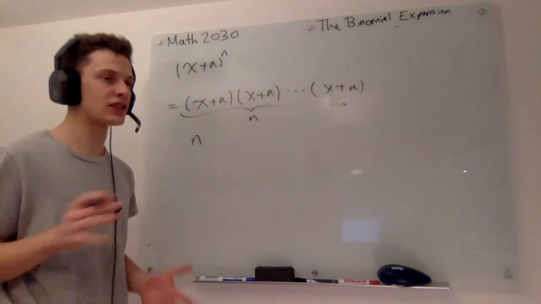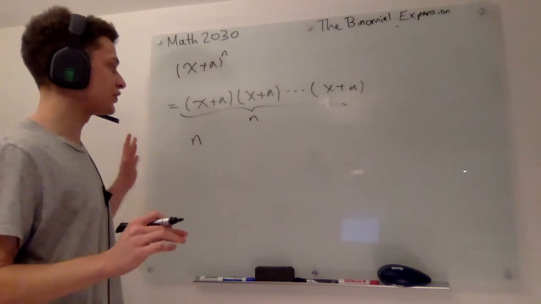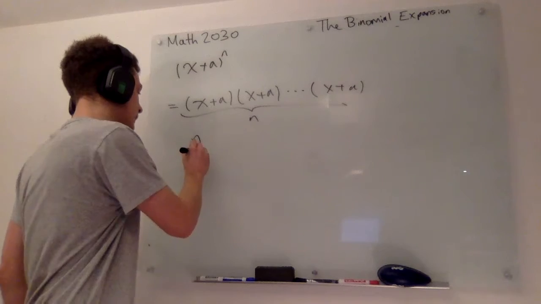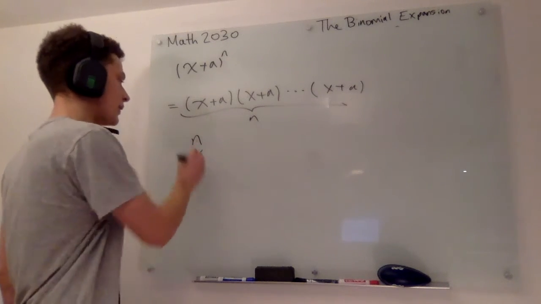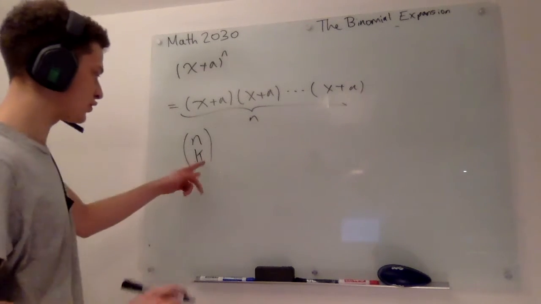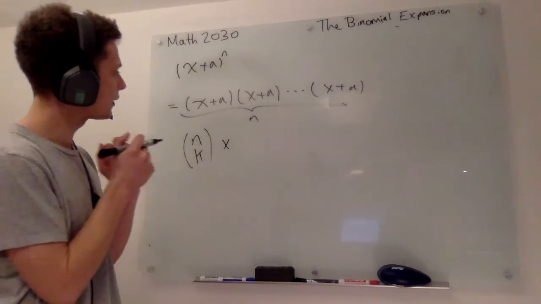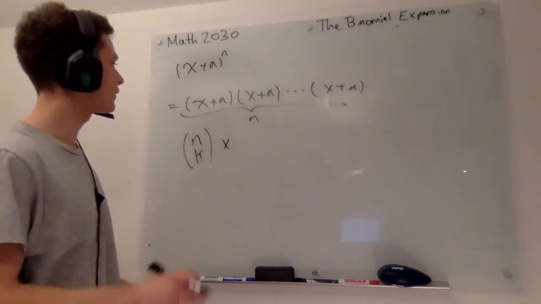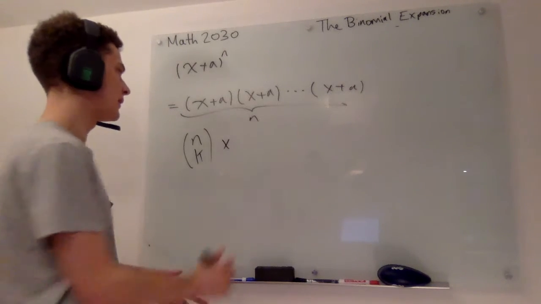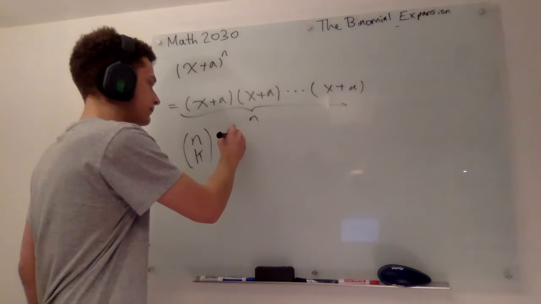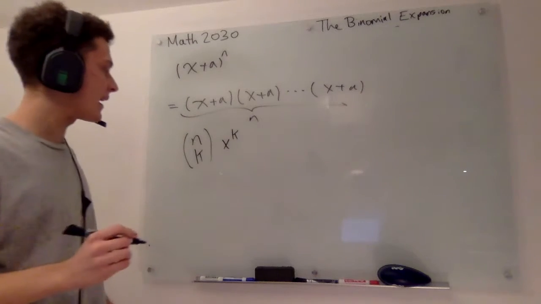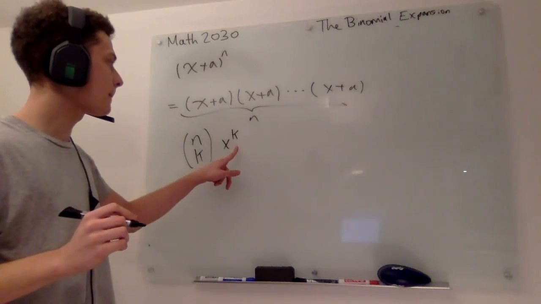And k is some number between 0 and n inclusive. So using our combination notation, we'll have n choose k ways to pick the x's. We can multiply those x's together, and there's k of them, so we take x to the power of k.